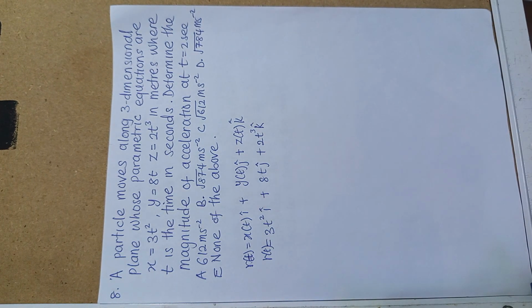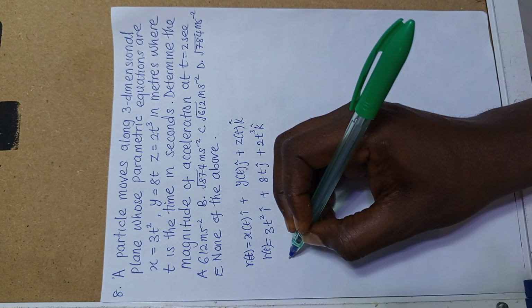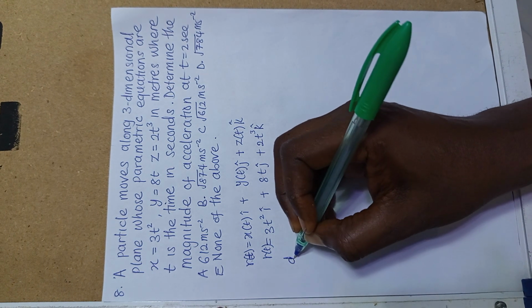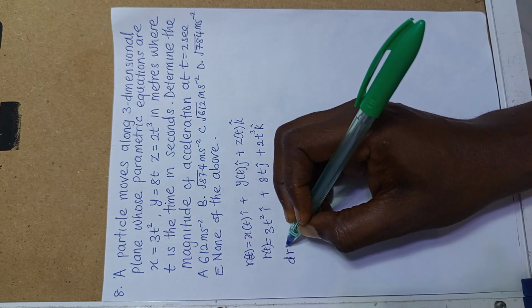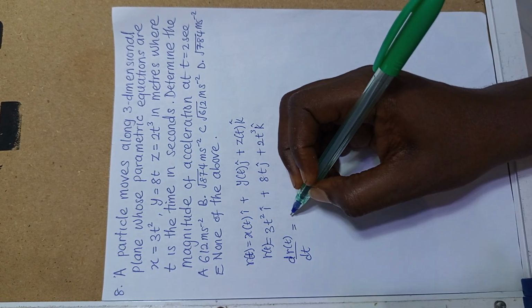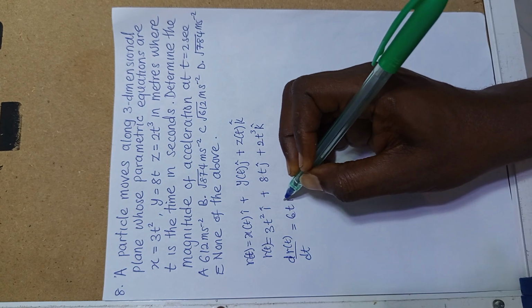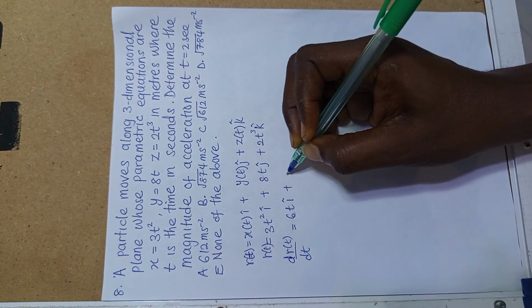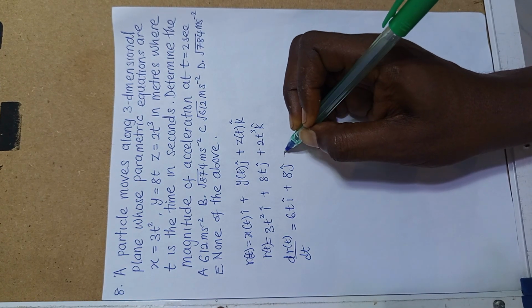Now what we want to do is to look for the velocity. It will be dr/dt. Differentiate this one and we have 6t i. If you differentiate 8t, you have 8j.